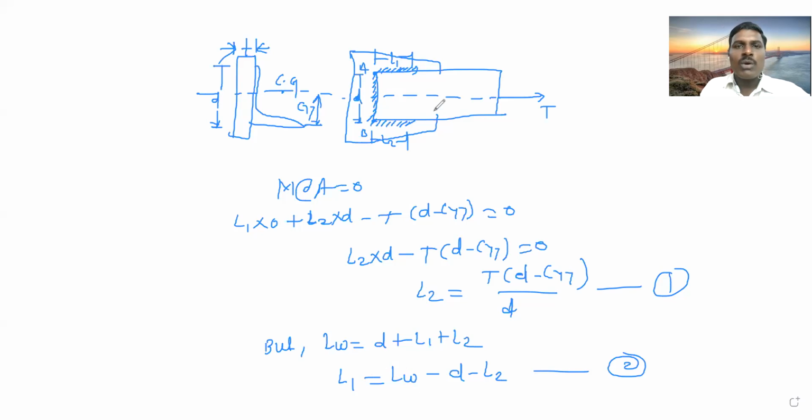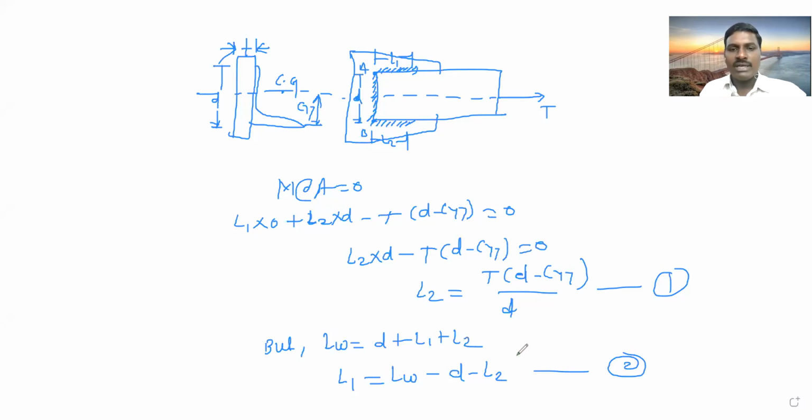If they have told in the problem statement that we have to weld 4 sides, then how much is LW here? 2D plus L1 plus L2. Good. So L1 and L2 are the target in the design: how much length we have to weld at top and how much length at bottom.